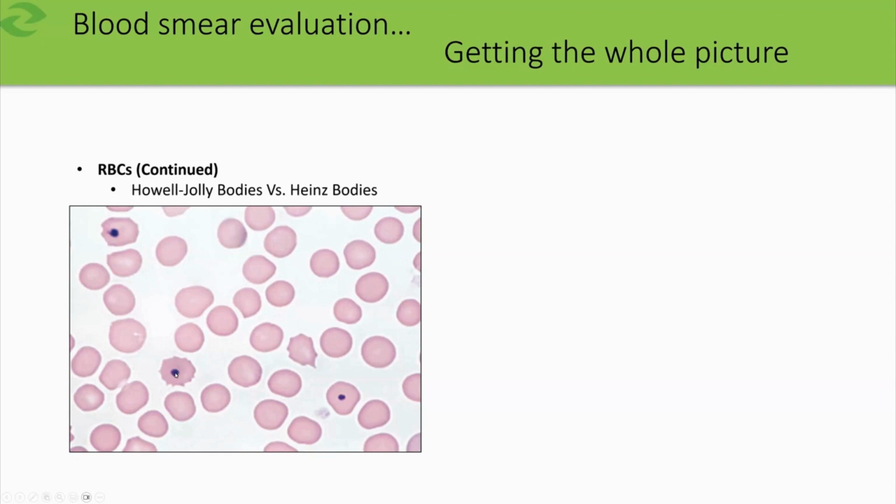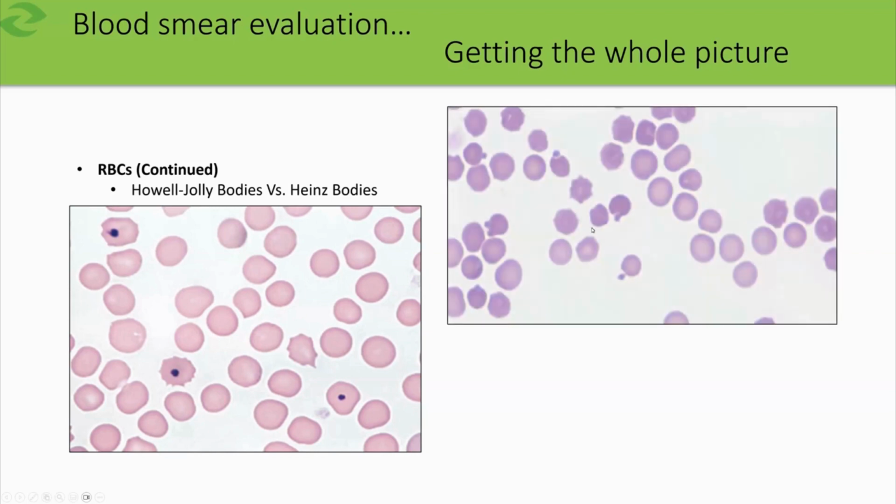They're typically dark blue and either in the center or somewhere within the red blood cell, but they're not on the periphery compared to those Heinz bodies that we saw before.